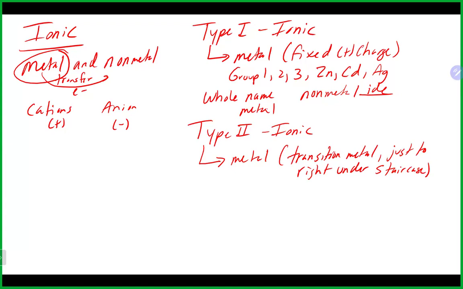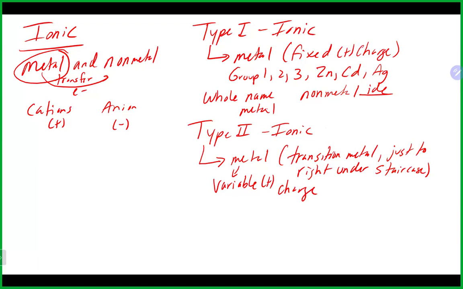And that means that once you identify the type 2 that has a variable charge, you have to figure out what is the charge on the metal. The good news is that you will always know the charge on whatever it is hooked up to.